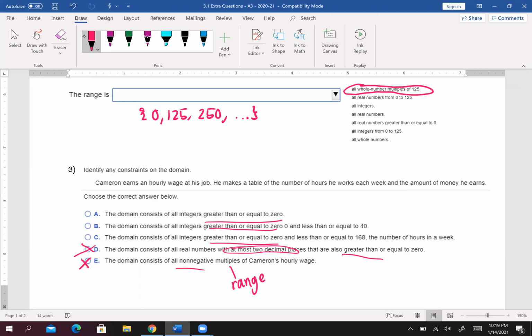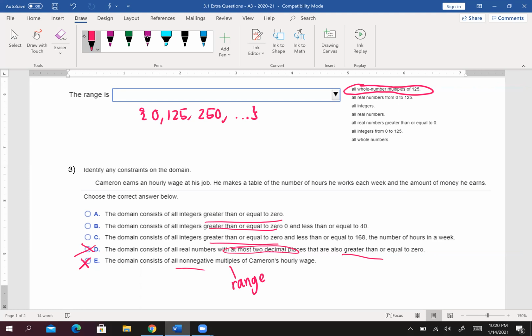So A, B, and C are very similar, but one is just above 0, one is 0 to 40, and one is 0 to 168. Now, an argument, in my opinion, could probably be made for two of these answers. However, just based on the question itself, you can't work more than 24 hours in one day for 7 days in the week.